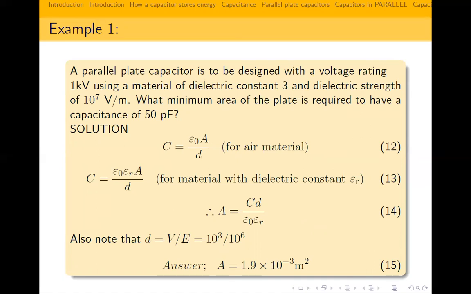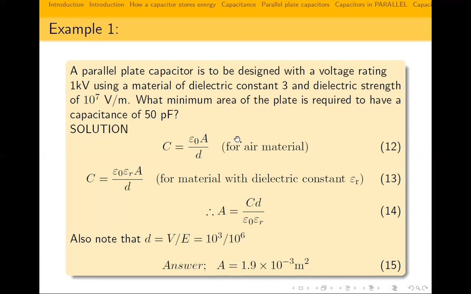The first thing you do is to write the equation that we have discussed, the equation connecting the cross-sectional area and the distance between the plates. Equation number 12 is used only when the medium between the plates is air.